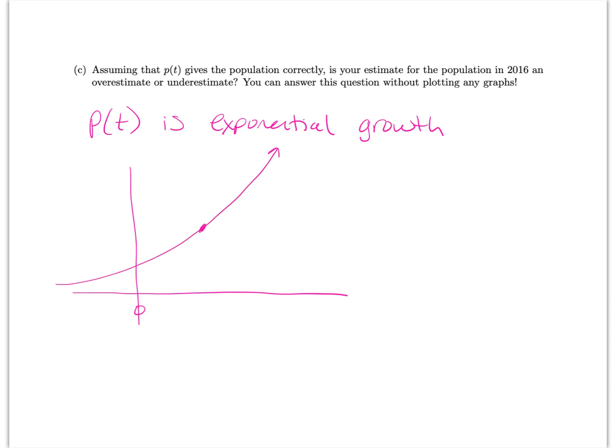And we found the tangent line approximation at 15. And because an exponential growth curve is concave up, that tells me that my approximation would be an underestimate because the tangent line will lie below a concave up curve.